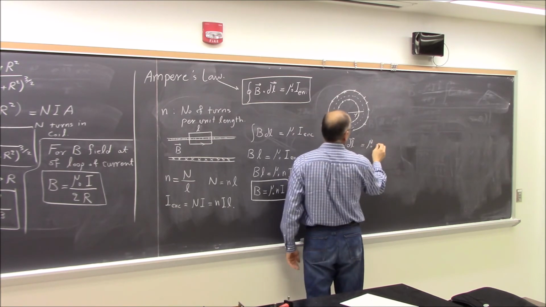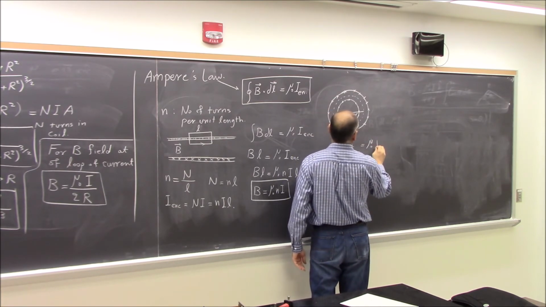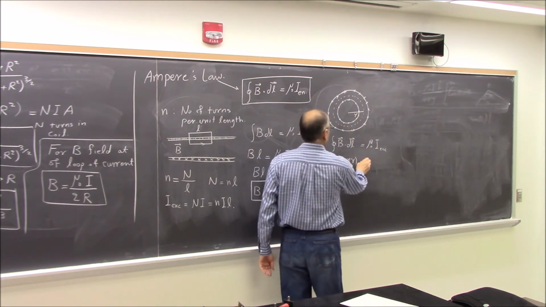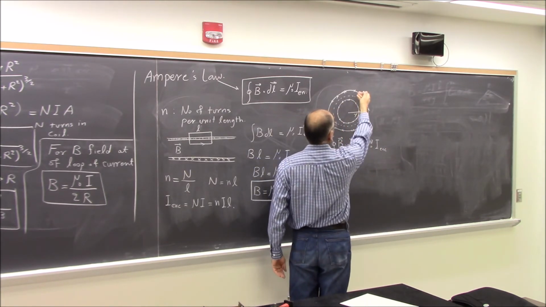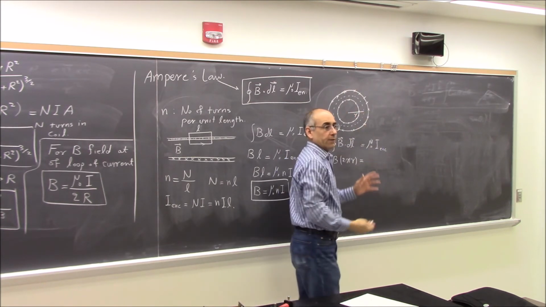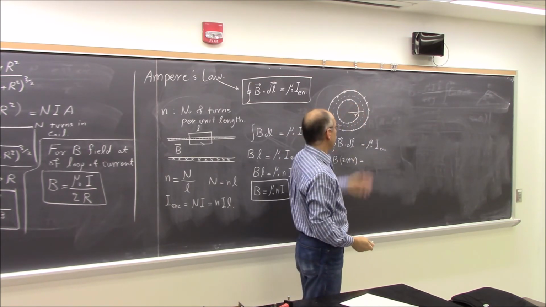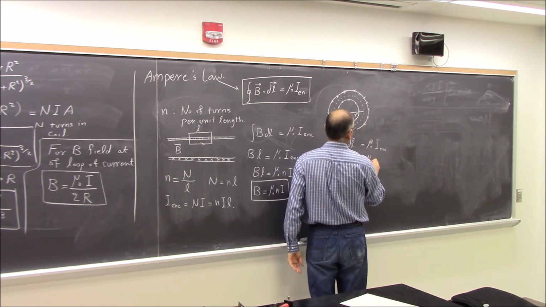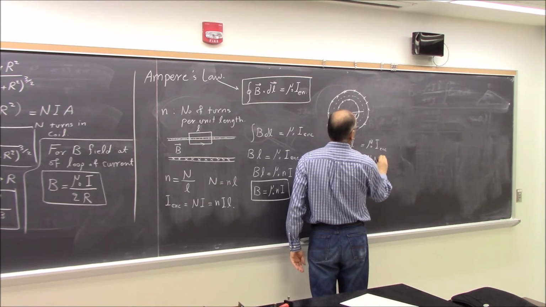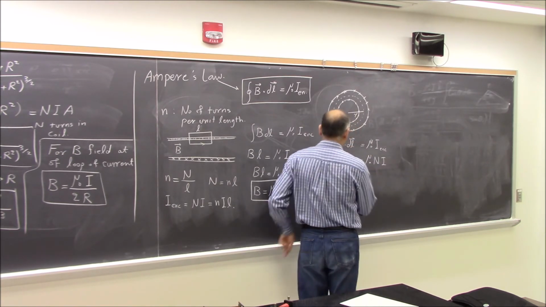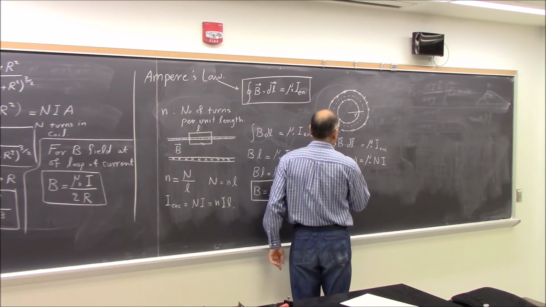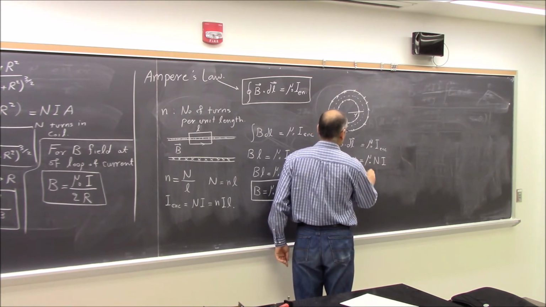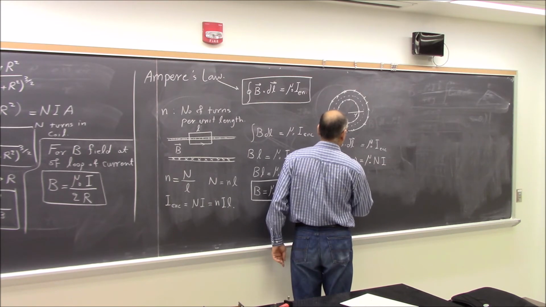That's equal to mu naught times I enclosed. The loop encloses all of these; these ones are not enclosed. So these N currents going out of the loop give mu naught N I, and then B becomes mu naught N I divided by 2 pi r.